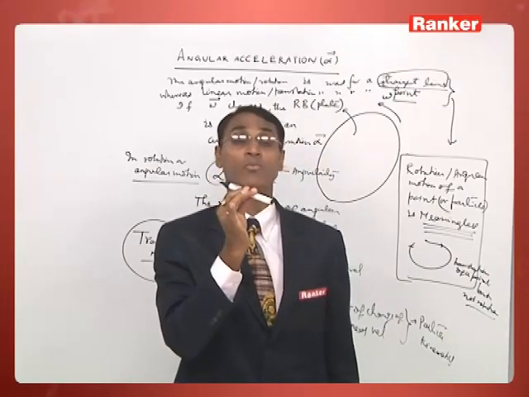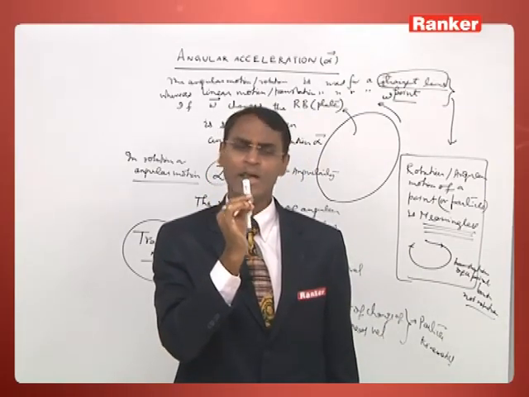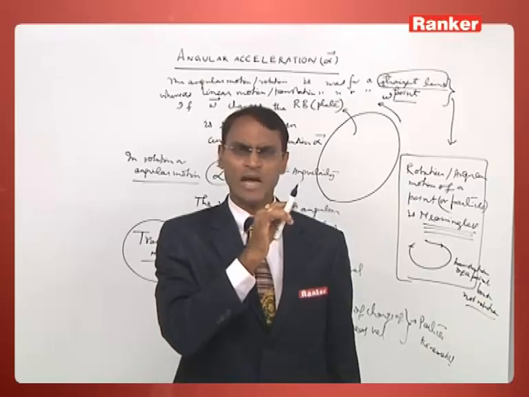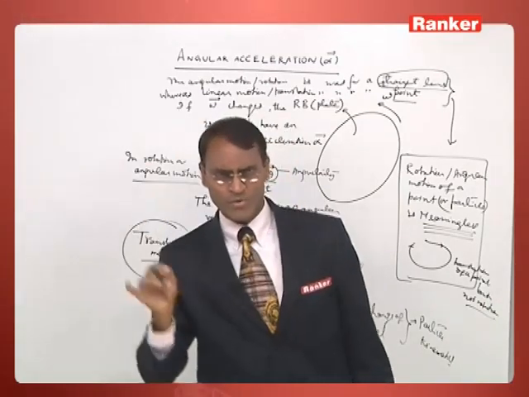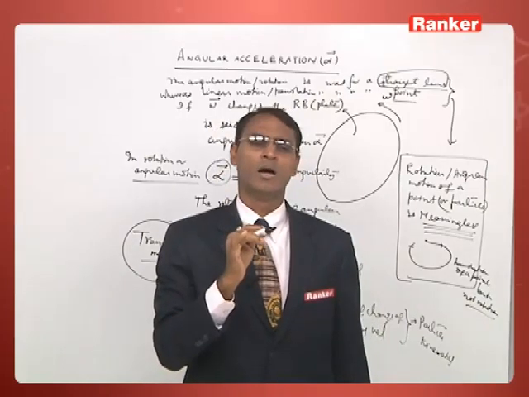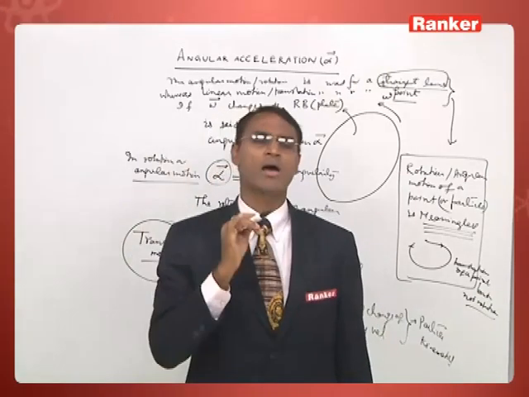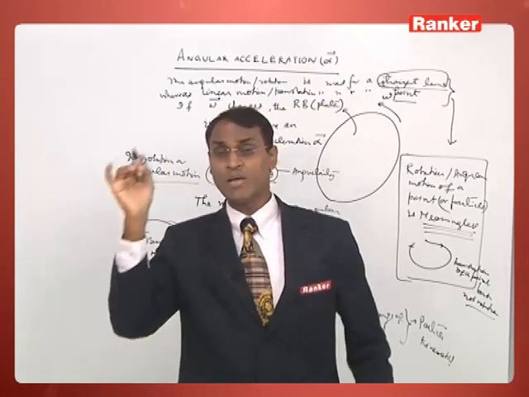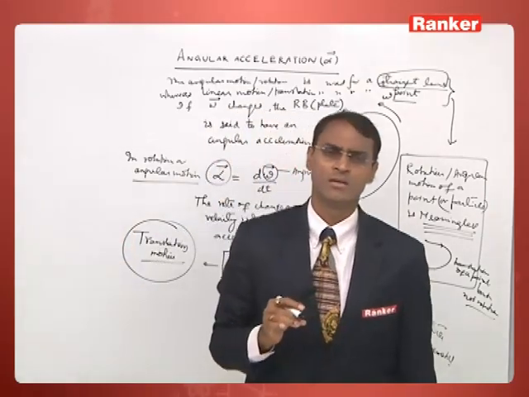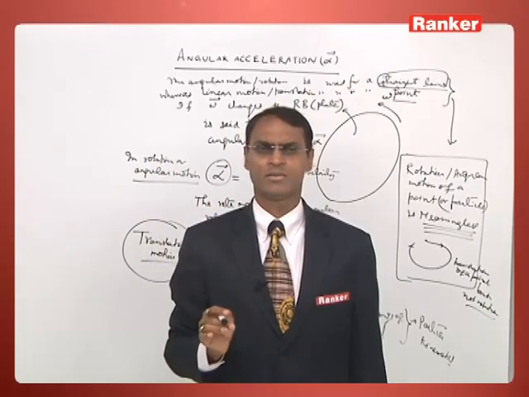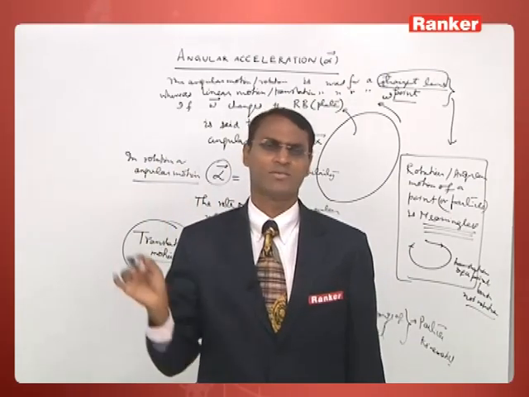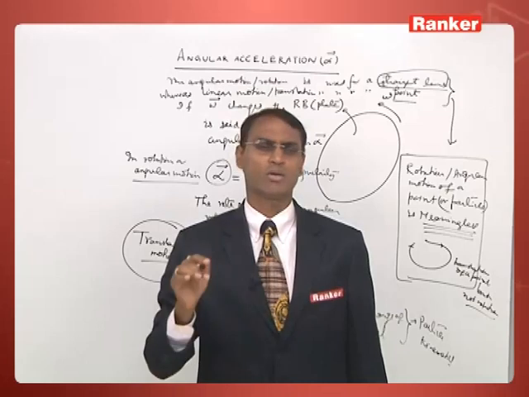But when you take a point and try to concoct the philosophy that when the point is moving in a circle, or in a parabola, or in a straight line, or it may be moving in any curve, you cannot call it a rotation.